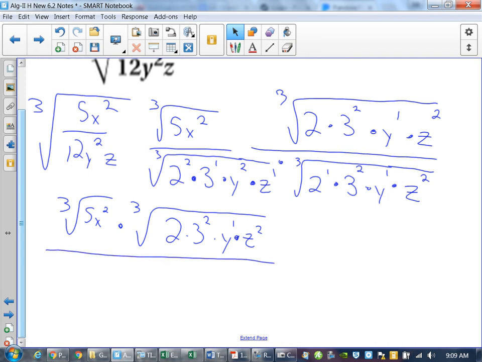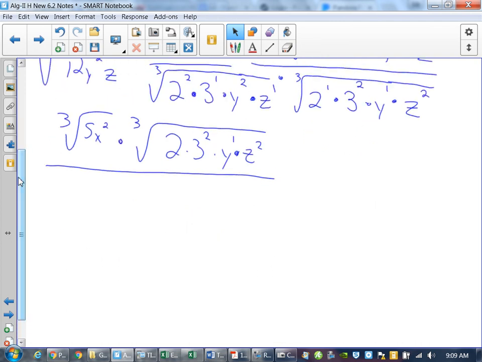My denominator, as I multiply that out, becomes 2 cubed, 3 cubed, y cubed, and z cubed. By multiplying it by those other exponent values, I'm able to create perfect cubes all the way through.